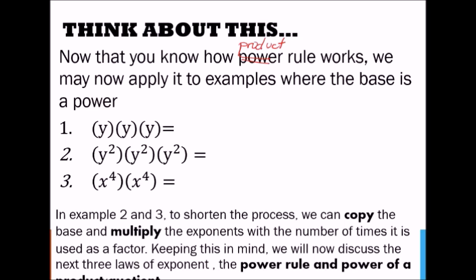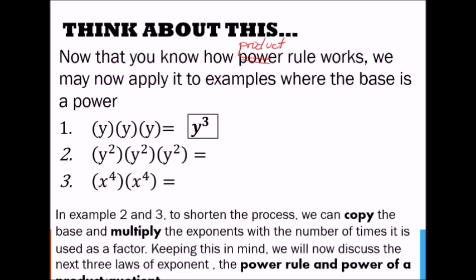Okay? Let us say for the first example, we have y times y times y. You already know that this is y cubed, diba? For the second example, we have y squared times y squared times y squared.